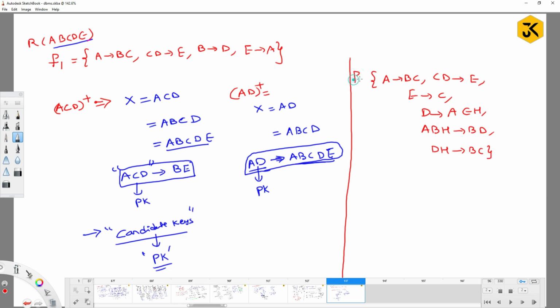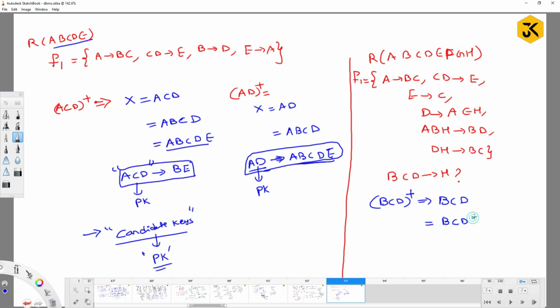Assume that this is the set of functional dependencies, and the relation is R of A, B, C, D, E, H. Right? So can you define whether BCD determines H? What can you do for this? You have to find the closure of BCD. BCD closure.